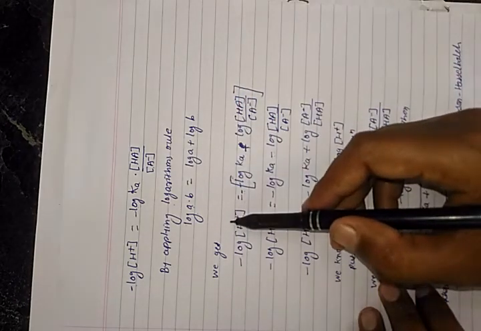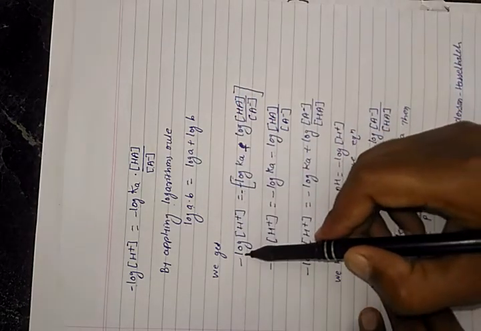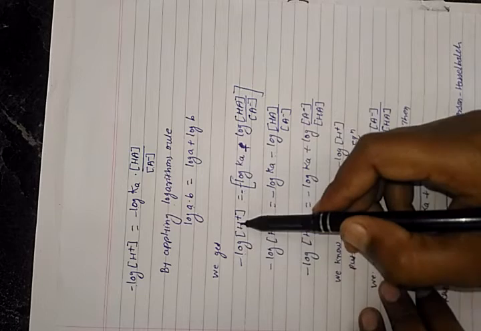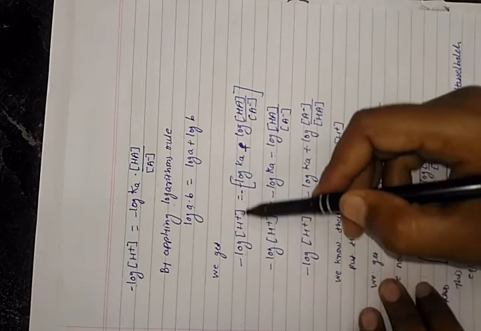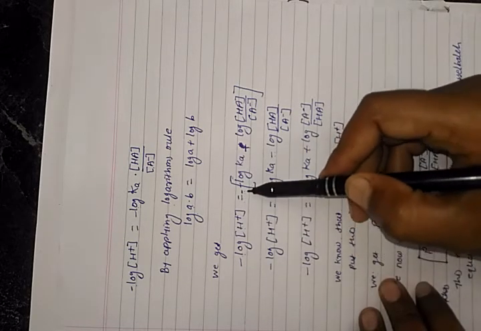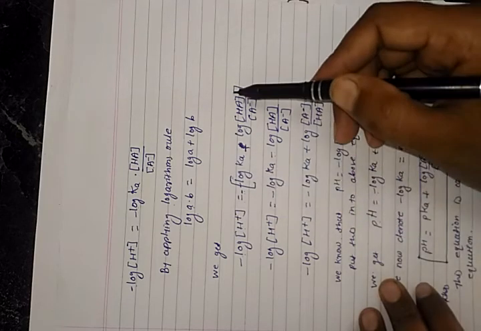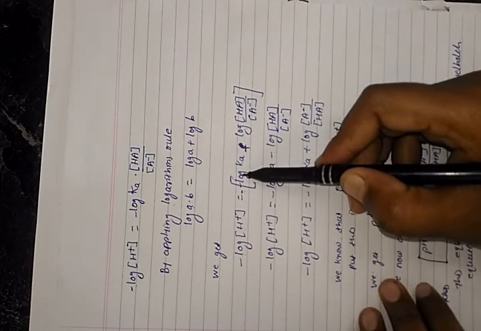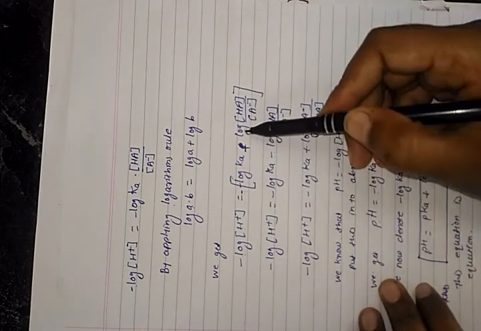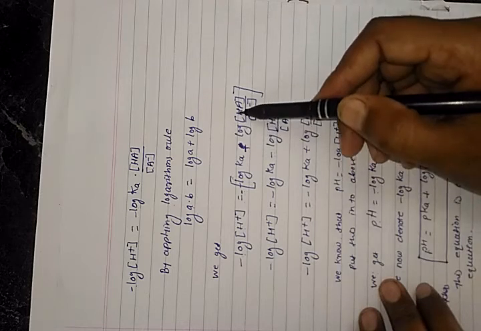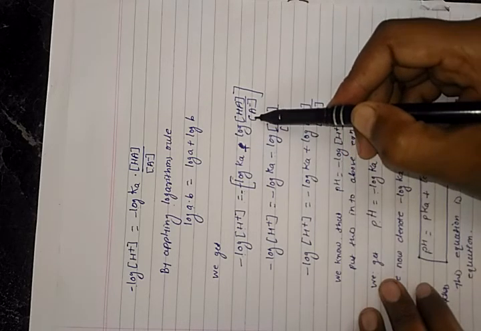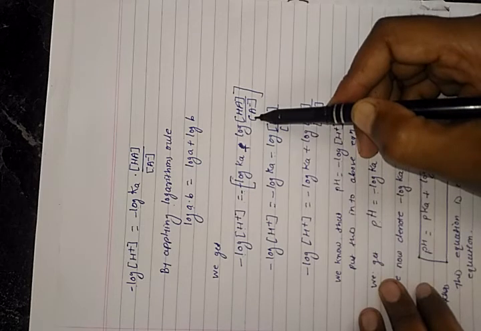Therefore, we get an equation: minus log of concentration of H plus is equal to minus into bracket log of Ka plus log of concentration of HA upon concentration of A minus.